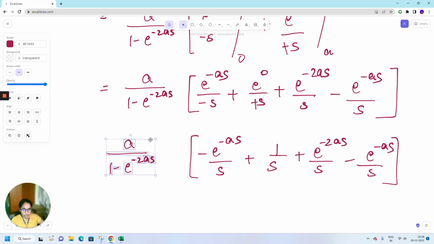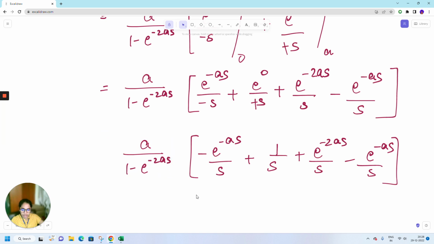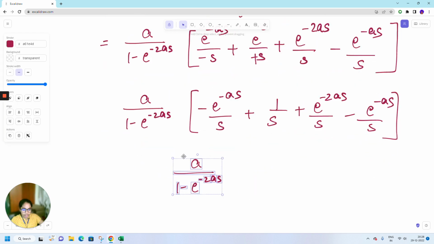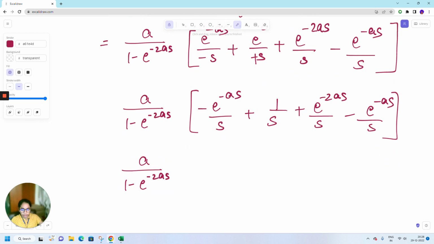So for this we write a divided by 1 minus e power minus 2as for each step.